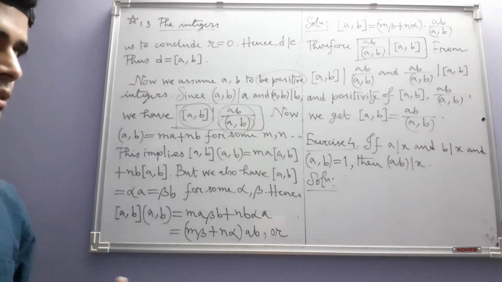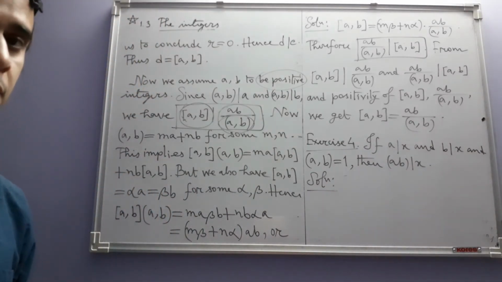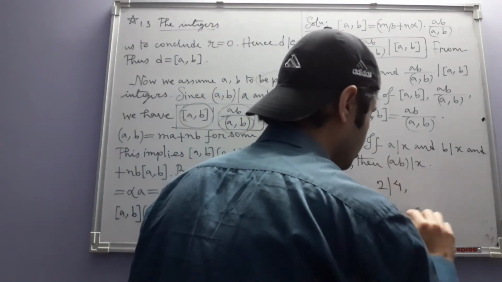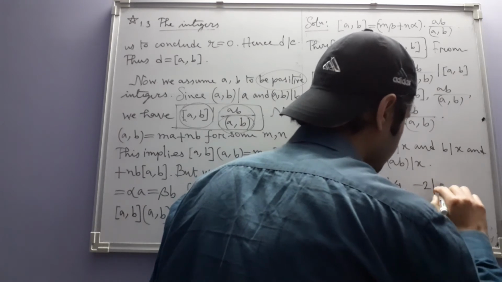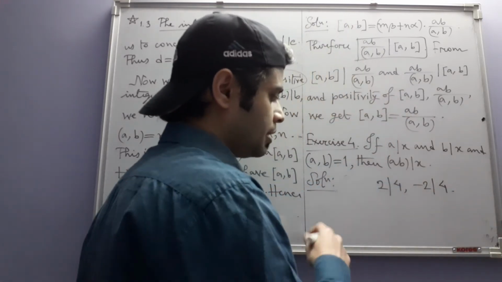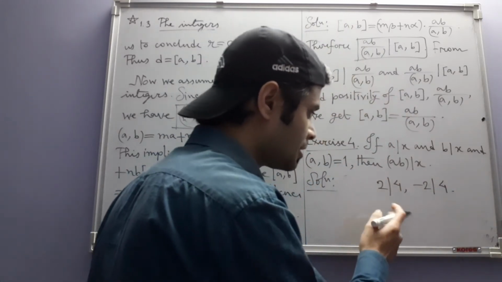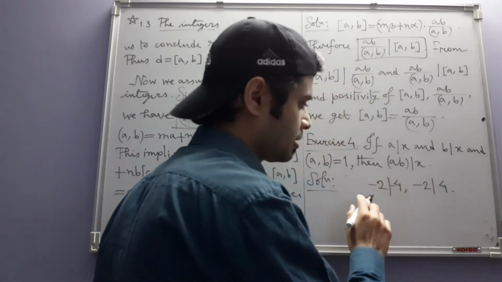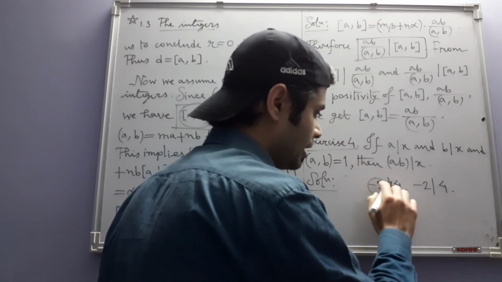However, since sign does not affect divisibility, you see, 2 divides 4 in much the same way minus 2 also divides 4. So when you have divisibility, whether you include a plus sign or minus sign, that does not matter.